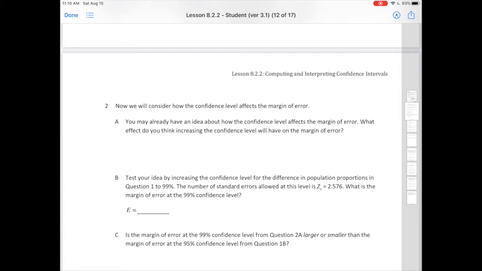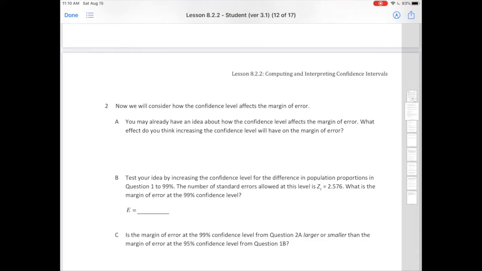You may think that having more confidence in a confidence interval is always better, but then why wouldn't we just go for 100% confidence if that were true? The problem is, the more confident you want to be that your interval captures the real answer, the wider you have to make it. In other words, the more imprecise it gets.